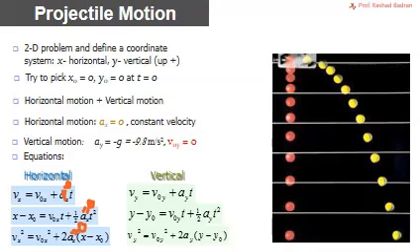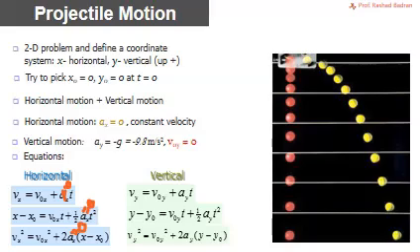This component of velocity could be the initial one or the final one, because they are the same, so it doesn't matter if you write v naught x or v_x. If you have information about v naught and theta naught, then you have v naught x, and you can put your own values in here. It depends on what is given in the problem.